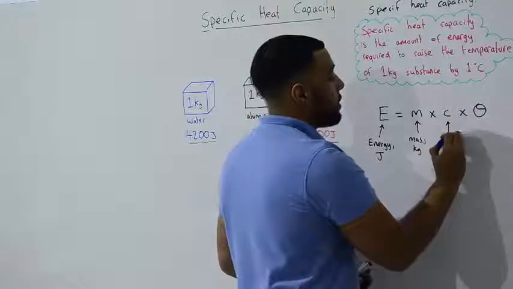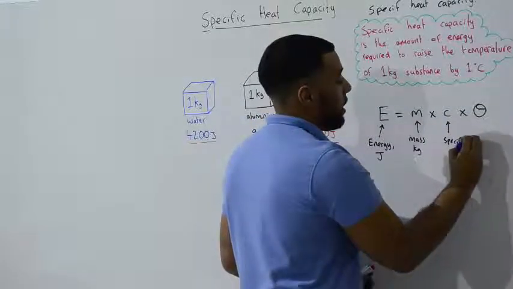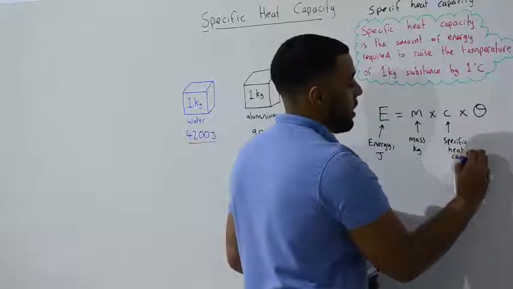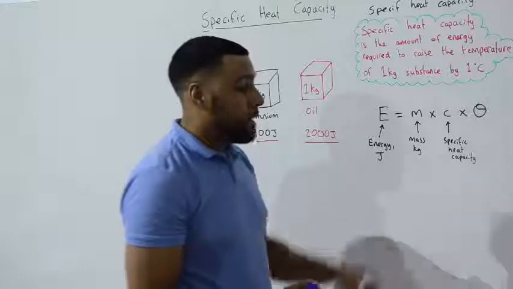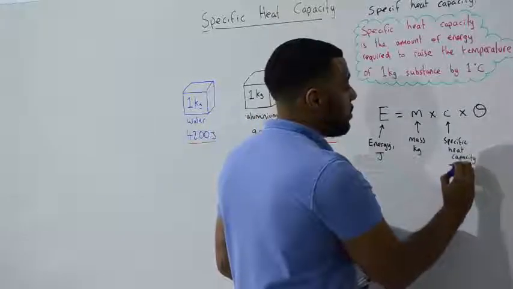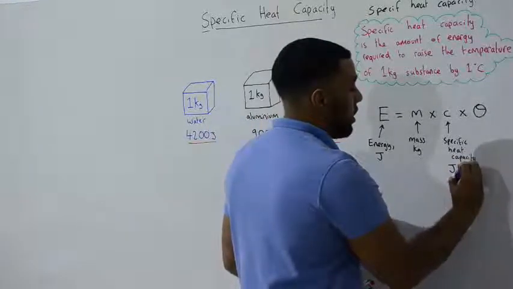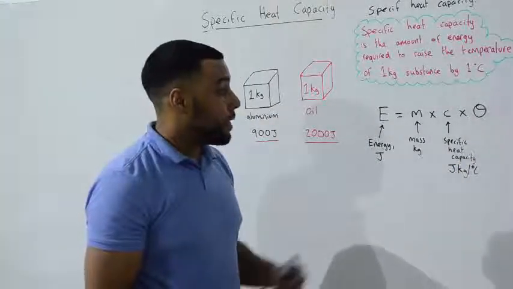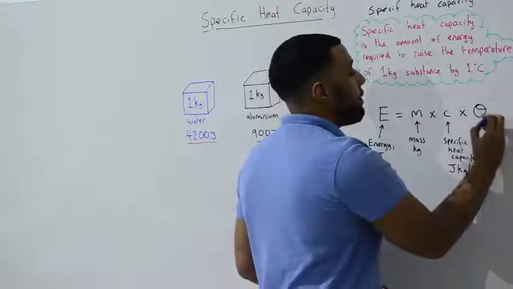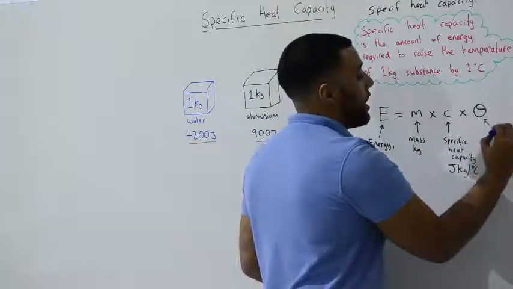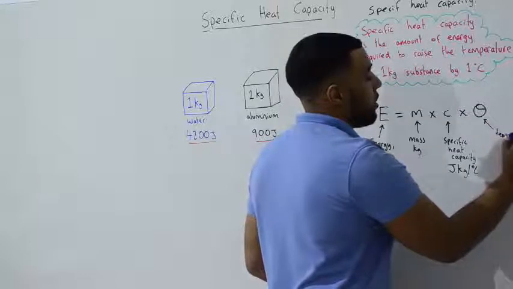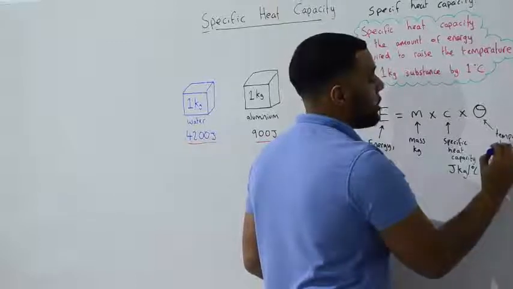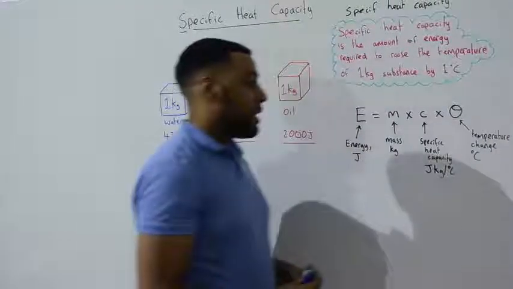The C stands for specific heat capacity, and the unit for specific heat capacity is joule per kilogram per degree C. And here, theta, we have the temperature change. And temperature change is measured in degrees Celsius.